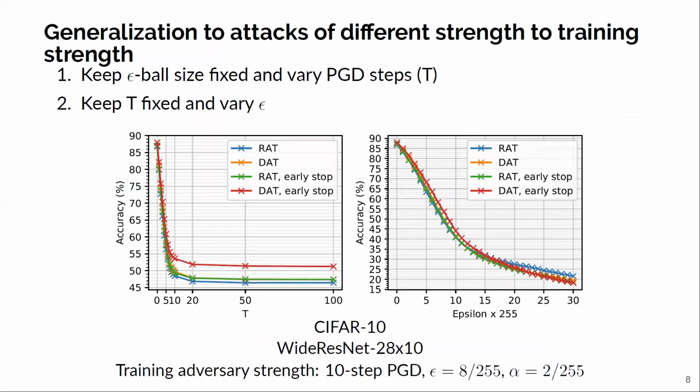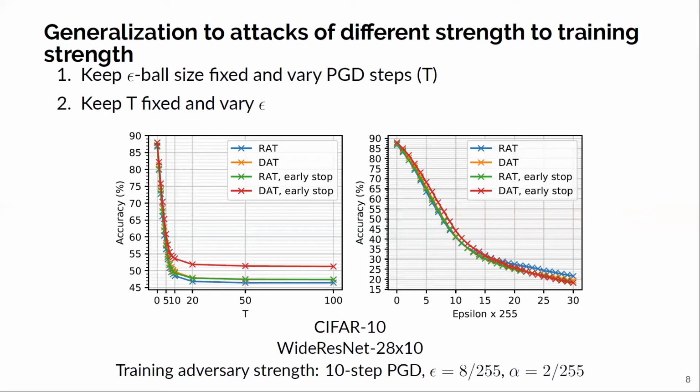Next, we investigate how our method performs when the models trained during delayed adversarial training are tested against adversaries of a different strength to the training adversary strength. In other words, we keep the projected gradient descent epsilon ball size fixed and vary the number of steps, or we keep the number of steps fixed and vary the epsilon ball size.